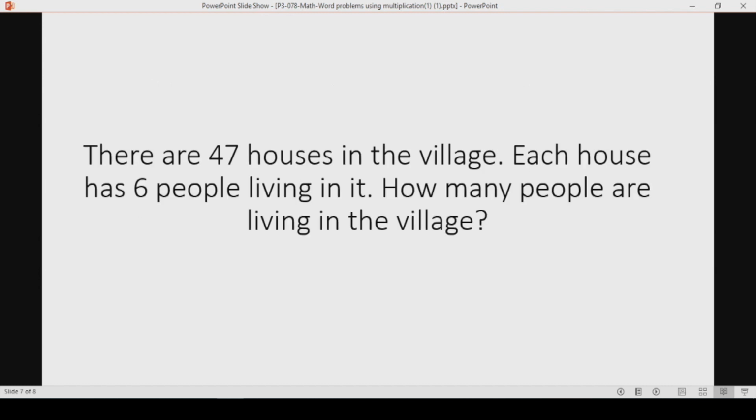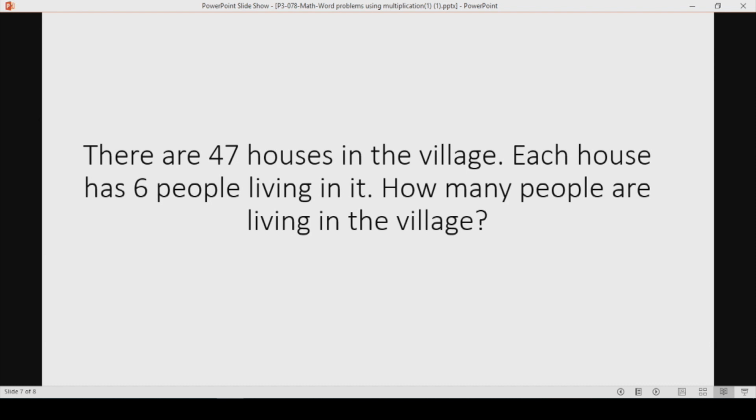There are 47 houses in the village. Each house has 6 people. How many people are there living in the village?